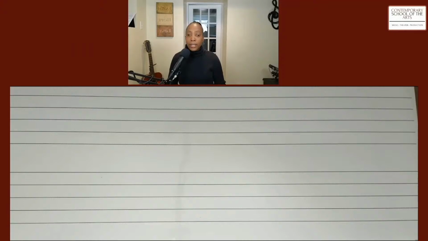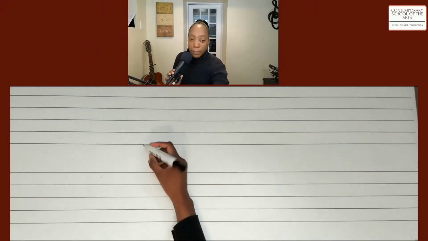Today's lesson is about the grand staff. Before we dive into the grand staff, let's talk about music in our culture. Music is written on 5 lines and 4 spaces. This is 5 lines and 4 spaces here below. And the way we count these lines and spaces is from the bottom to the top.